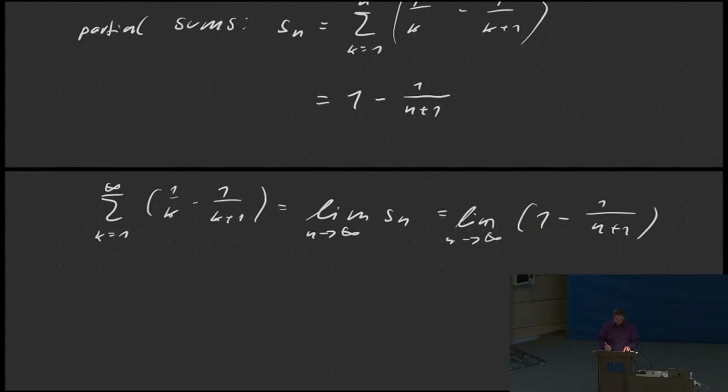As n goes to infinity, this here goes to 0. So what we get is 1. And that will be the formally correct way of proving the limit is 1 here. All right, but I guess the hard part is figuring out this telescopic sum. And once you have that idea, the rest shouldn't be that hard anymore.